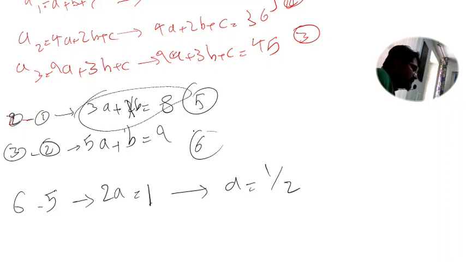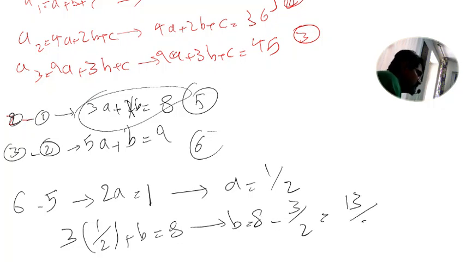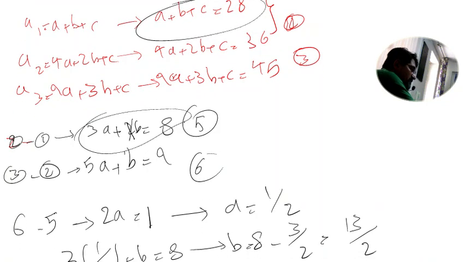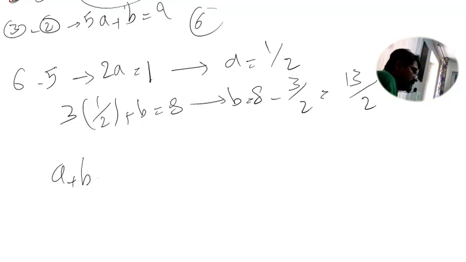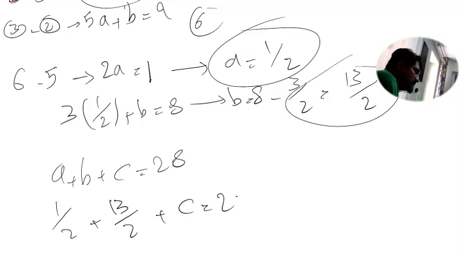Substitute a into 3a + b equals 8: 3 over 2 plus b equals 8, so b is 8 minus 3 over 2, 16 over 2 minus 3 over 2, 13 over 2. Substituting into a + b + c equals 28: 1 over 2 plus 13 over 2 plus c equals 28.